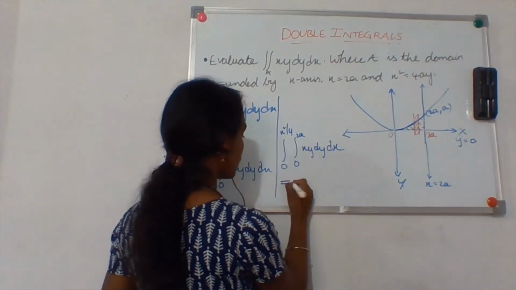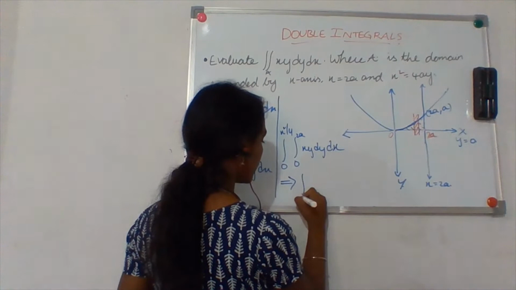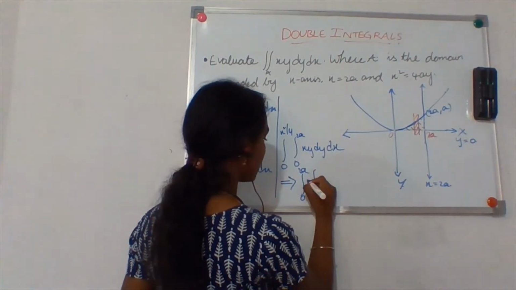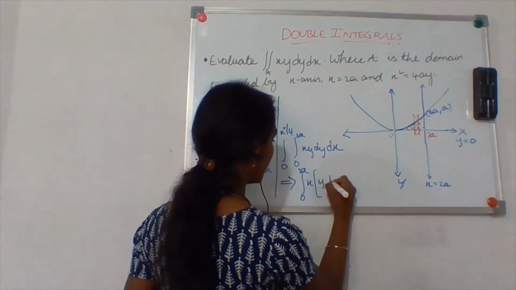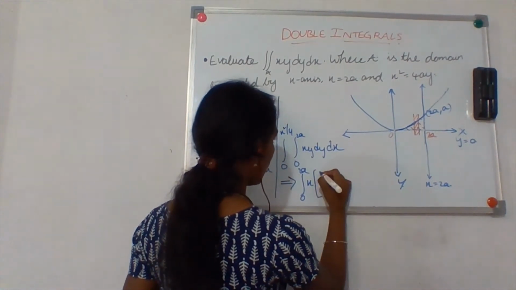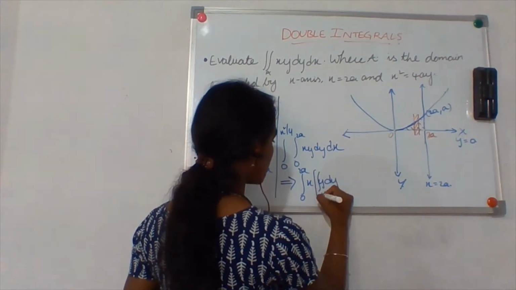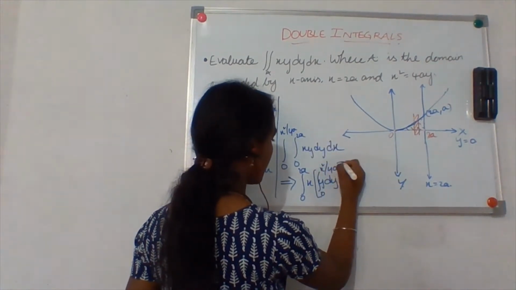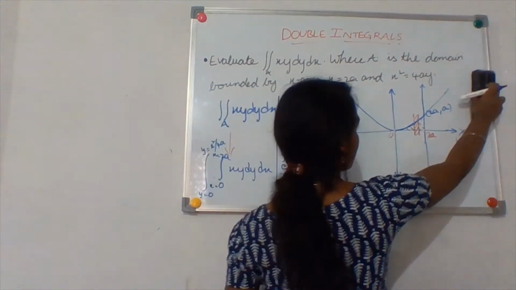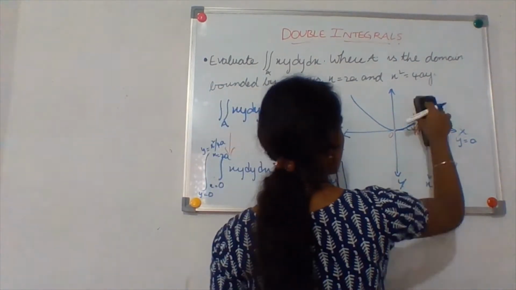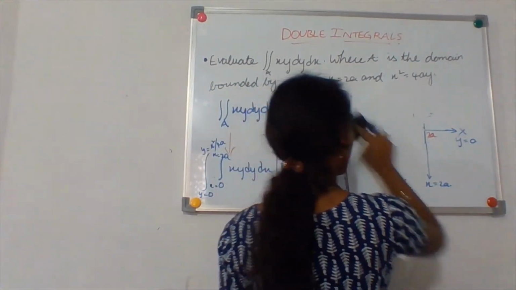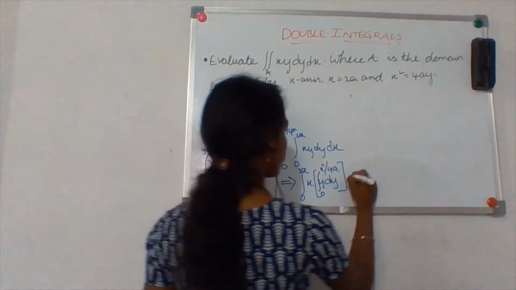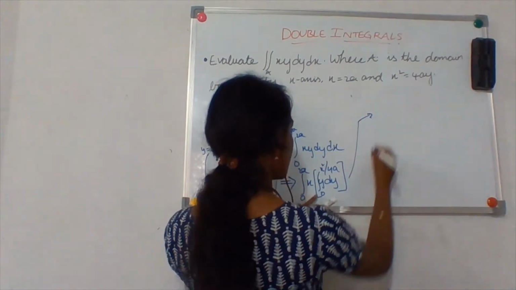So now the integral from 0 to 2a of x into y dy, with y from 0 to x square by 4a. Now I may erase this diagram. I will erase this. So with this, what do I get?